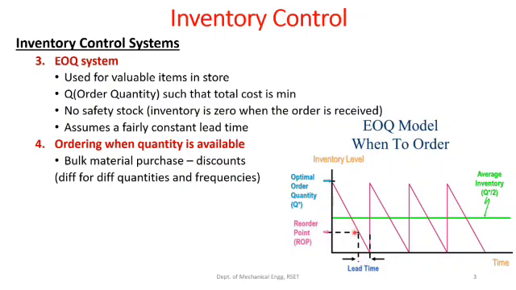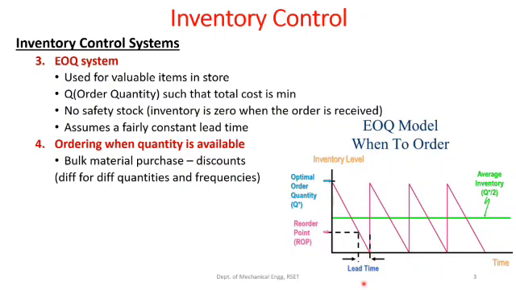Whenever the quantity of inventory reaches that point, which is the maximum inventory level minus the demand during lead time, you place a reorder, and the reorder quantity will be equal to the EOQ.